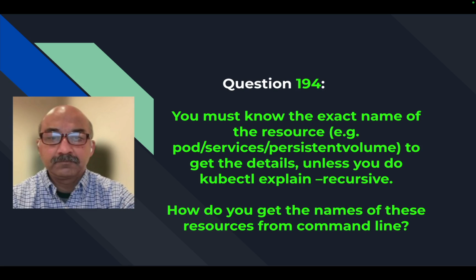So the question today is, if you must know the exact name of the resource, like pod or services or persistent volume or what have you, that are available in Kubernetes when you're doing either the YAML files or you're running kubectl commands, how can you do that without running the kubectl explain command in a recursive way? How can you get the list of these resource types and their short names without running that command?